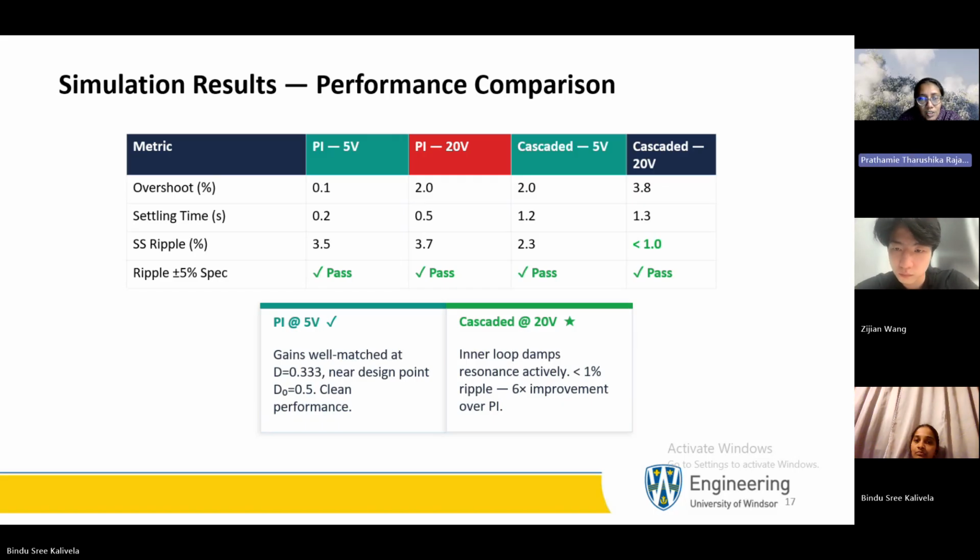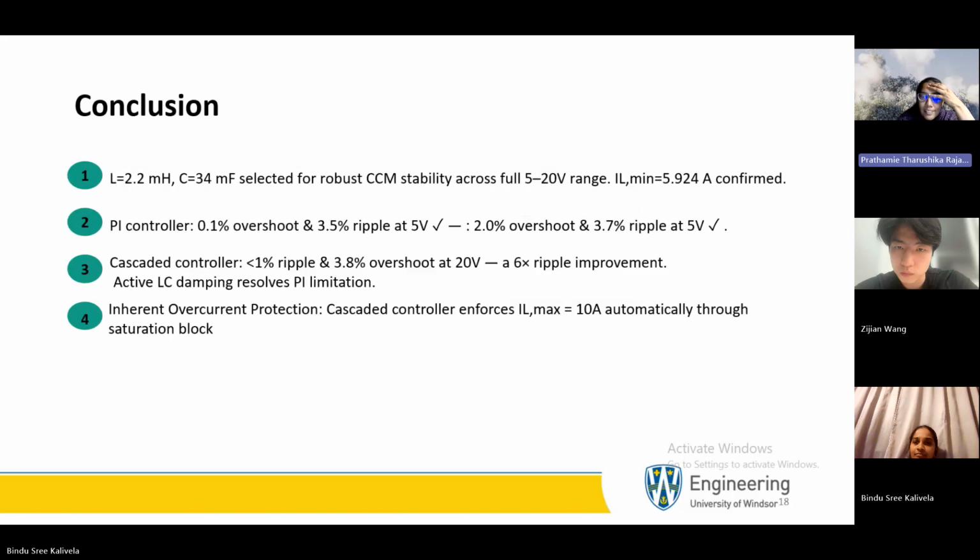The cascaded controller performed consistently well across both operating points, most impressively at 20 volts with under 1% ripple, a 6 times improvement. Importantly, all 4 test cases passed the 5% ripple specification for both controllers. Next slide, please.